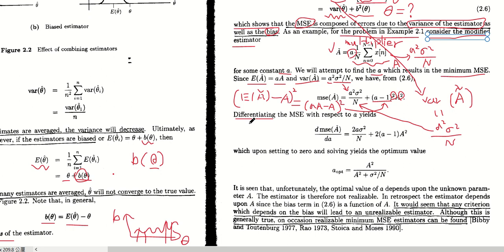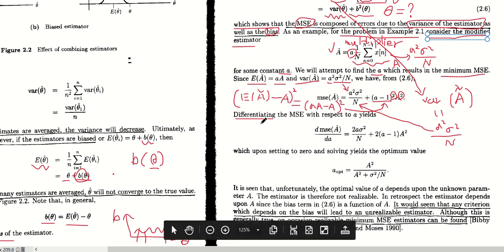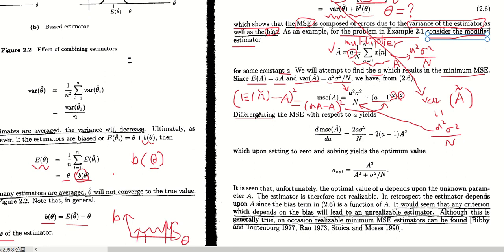That gives us the x value that generates the minimum or maximum of the function. This is a common technique, and later on we will apply it to likelihood too. But now we do it for MSE with respect to a. So the MSE of A hat with respect to a.